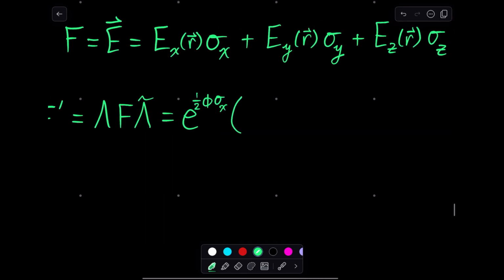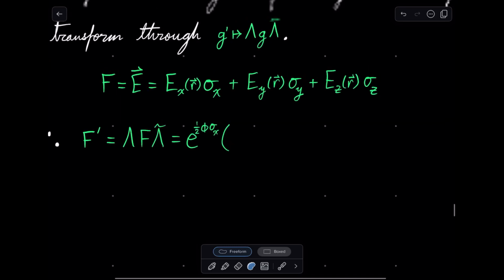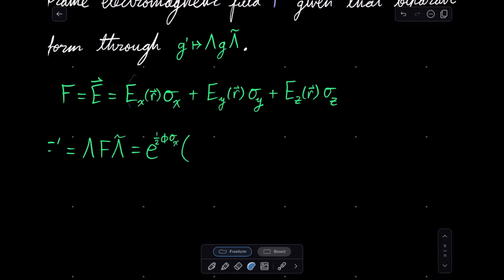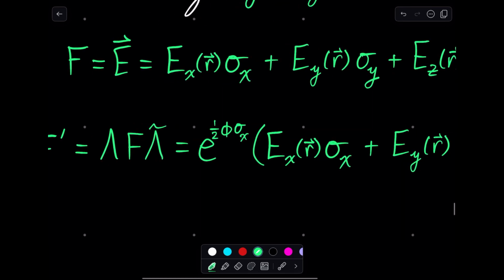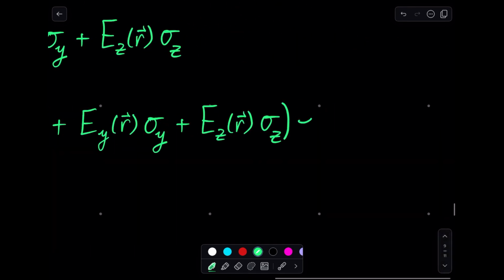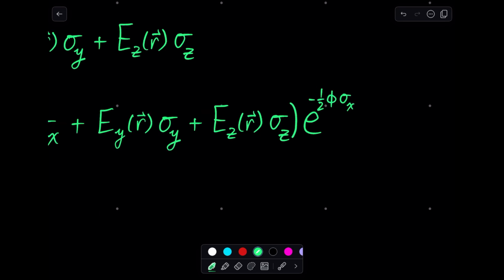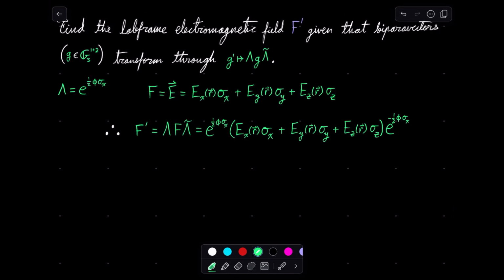And then we have all of this in here right now. And then the Clifford conjugate actually does affect vectors, so we end up with the negative one half phi sigma x. So this is what we now need to multiply through.